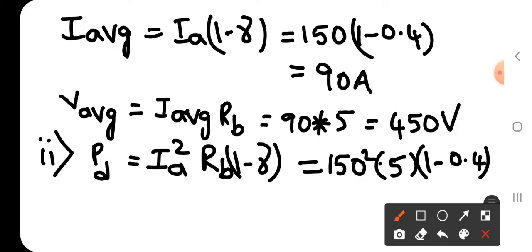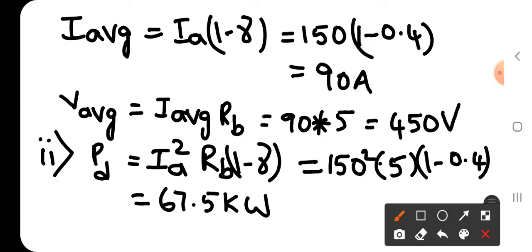Calculate the value, it is approximately 67.5 kilowatts.